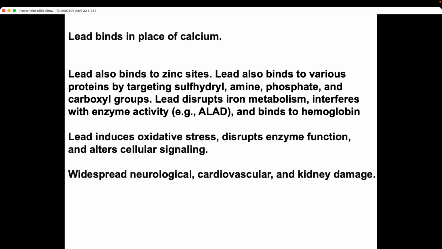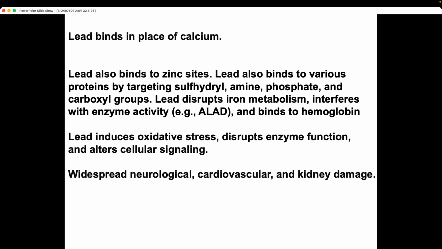Remember the adverse outcomes pathway. Modern toxicologists would start by asking, what is the first thing that lead does that's a problem? The first thing is that it looks a lot like calcium to the body, and it binds to calcium binding molecules with a higher affinity, and often really stably. So Juliet brought up that it gets in bones and stays in bones.